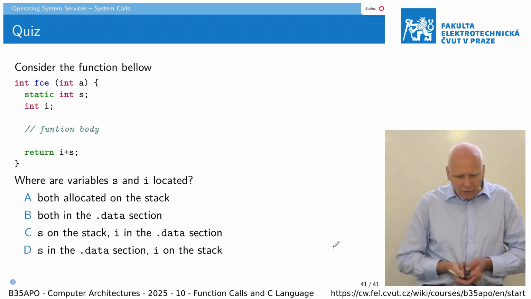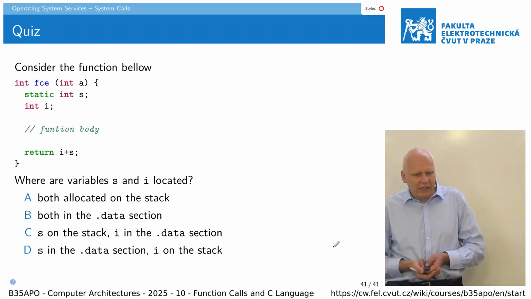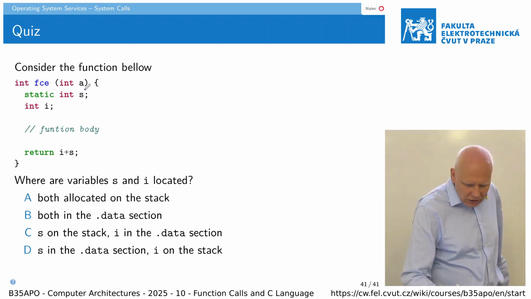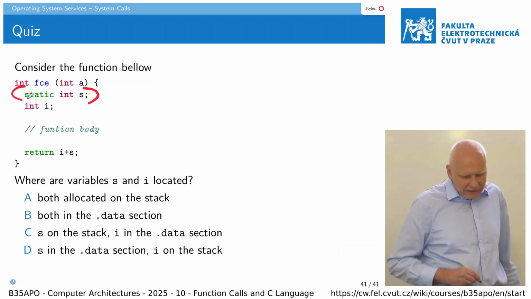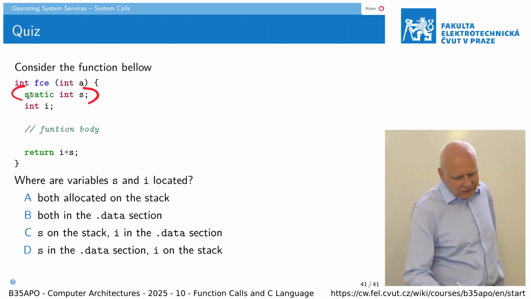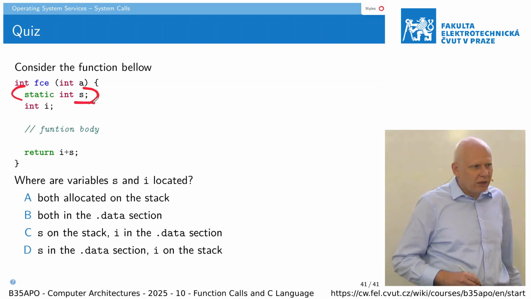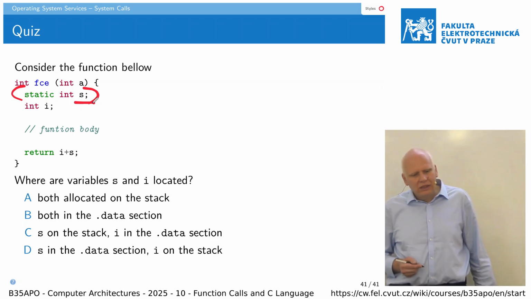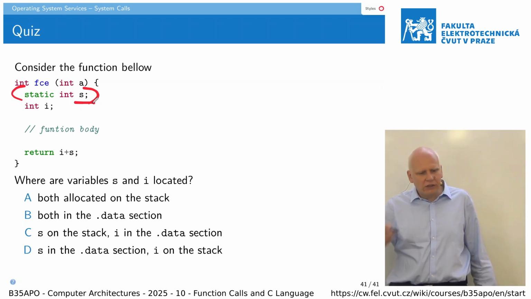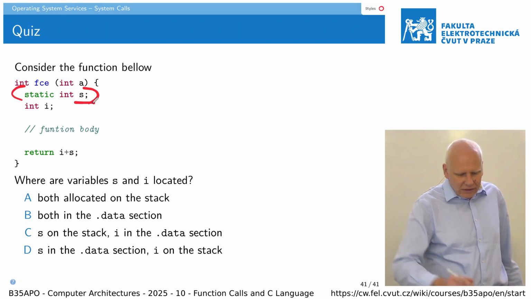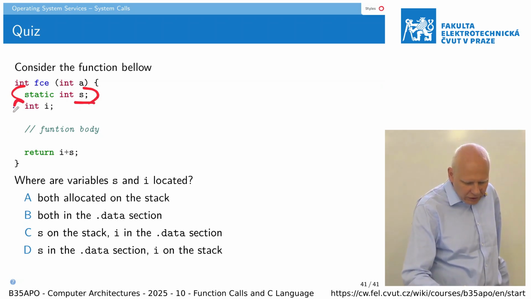And okay, there is a quiz again. So we have there a simple function which starts with a static integer. So it is a local variable, but it is static. So it is not seen from other functions, but keeps the value until the next execution of the same function.